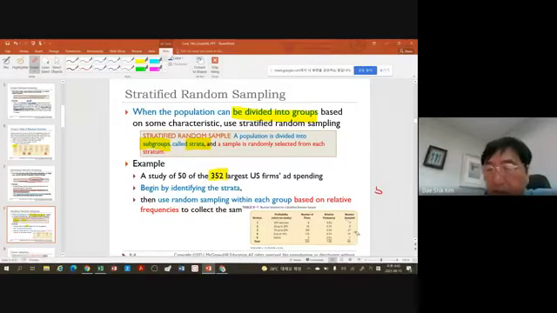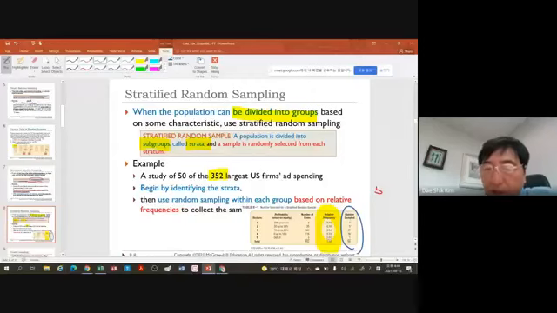So the number of samples for each group should be proportional to the population. The population itself has this percentage. The sampling number also should be proportional to the same proportion.